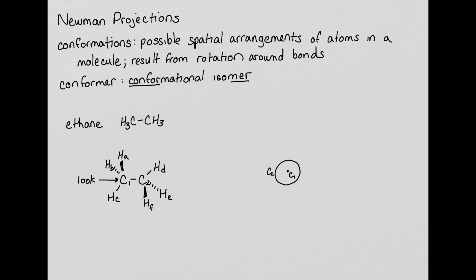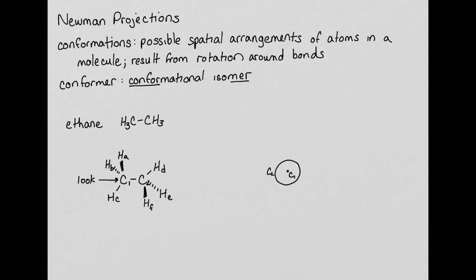Now we're going to place hydrogens A through F onto the Newman projection in the conformation drawn in our 3-dimensional structure on the left. If we're looking from carbon 1 to carbon 2 in this direction that is drawn here, hydrogen C will be pointing down and towards us on carbon 1.